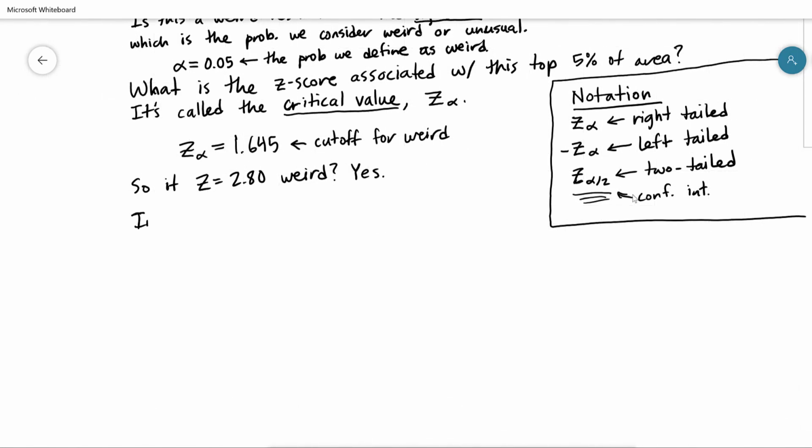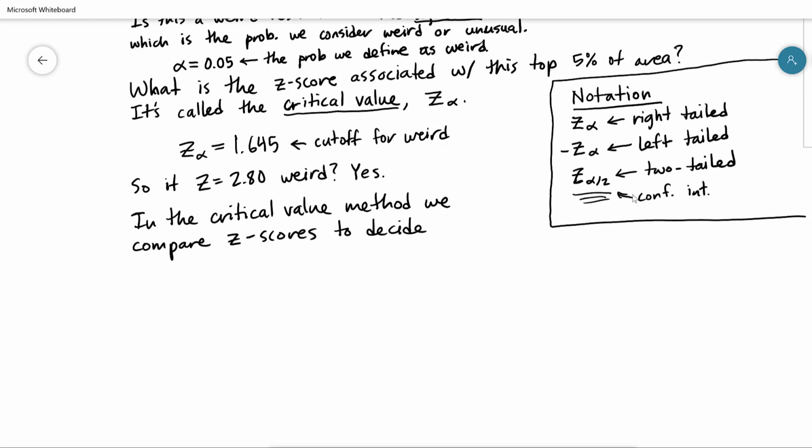In the critical value method, we compared these two z-scores to decide if our result, which in this case was getting an x-bar value equal to 22.3, is weird, under the assumption that the true average should only be 20.8.